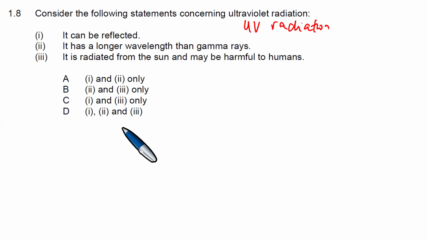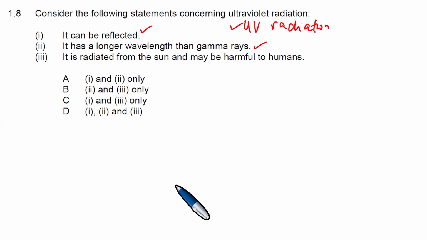So we're dealing with 1.8 now, dealing with obviously these particular options, but we know very well that the UV radiation can be reflected. That is true. It has a longer wavelength than gamma rays. Yes. It is radiated from the sun. Yes, UV rays are from the sun, because if you are exposed to the sun too much, they cause sunburn.